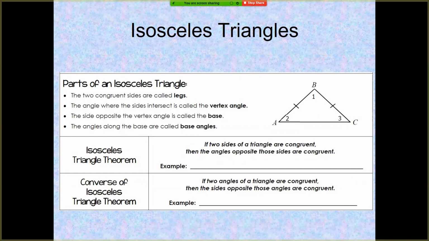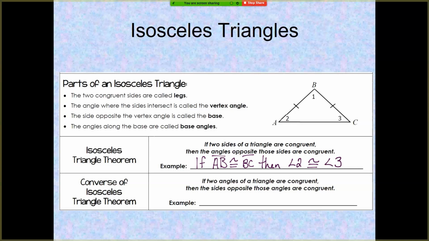So your isosceles triangle theorem says if two sides of a triangle are congruent, then the opposite angles are also congruent. So for example, if line segment AB is congruent to line segment BC, then angle 2 has to be congruent to angle 3.